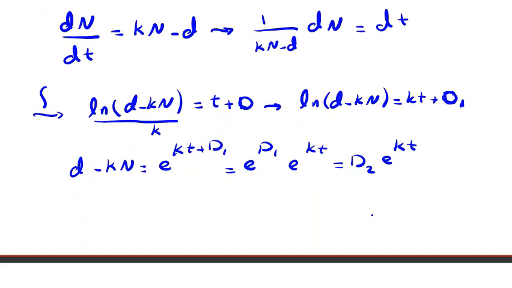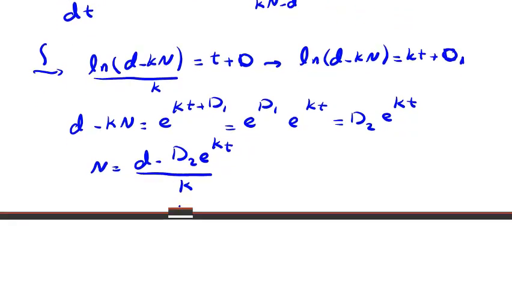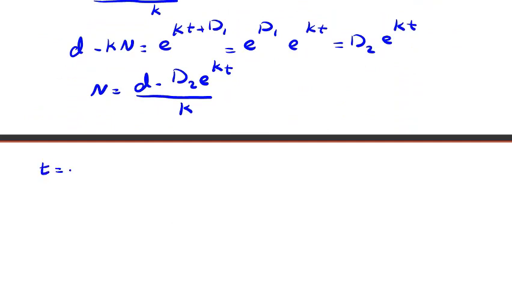And then we have this, and we can conclude that n equals d minus d2 e^(kt) all over k. We want to find d2. For t = 0 we know n is 100, and k equals ln 3 over 2.